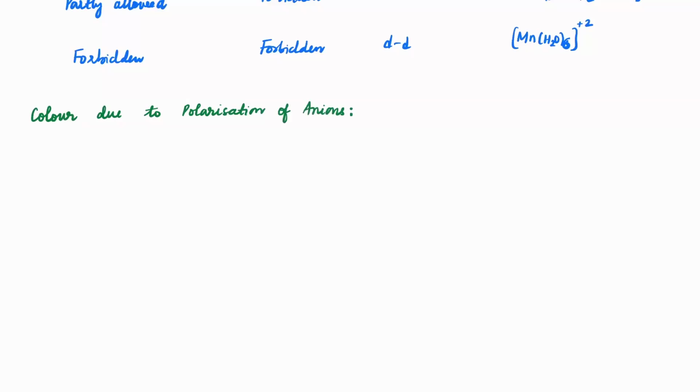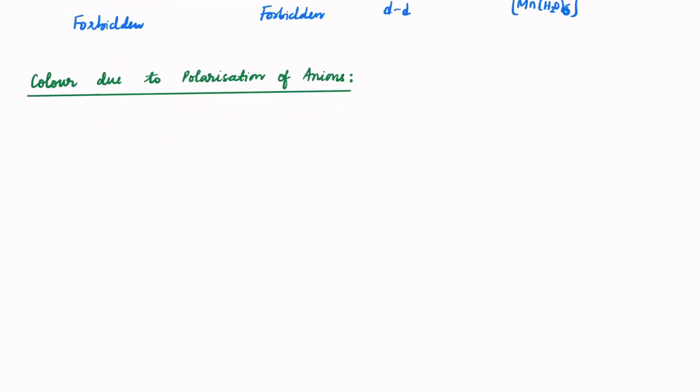That means if the anion is easily able to push electrons towards the metal, then also you will see the colors coming across.